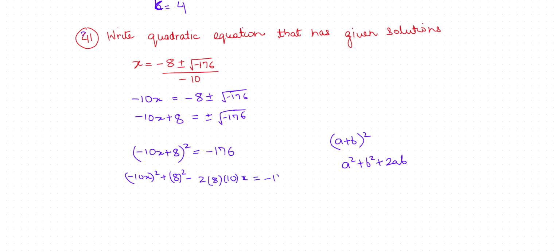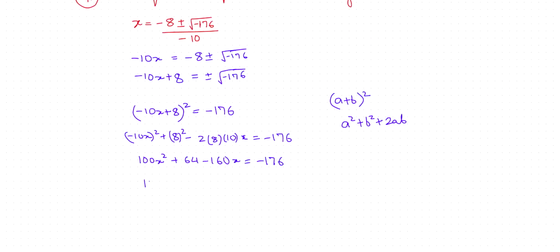So this gives us 100x square plus 64 minus 160x is equal to negative 176. Okay, so this will give us 100x square minus 160x plus 64 plus 176 is equal to 0.